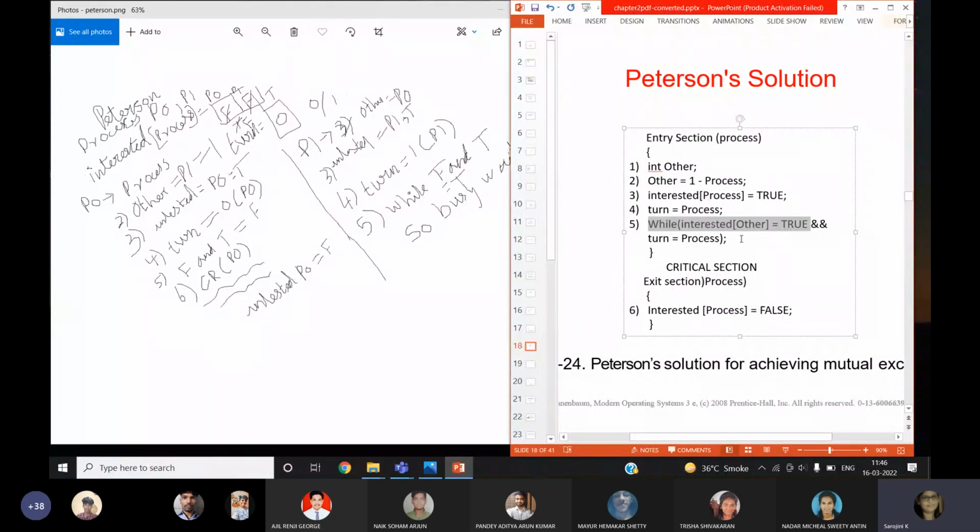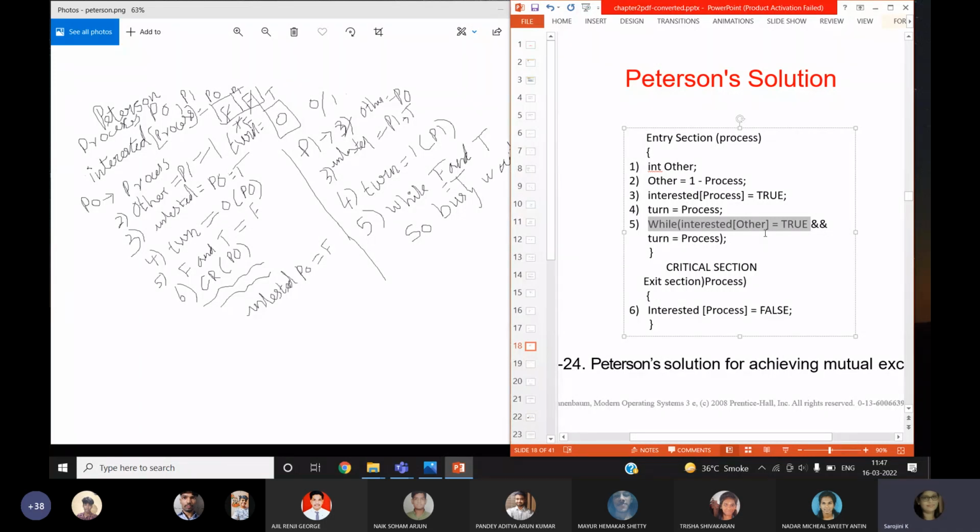It will come out of this line when the condition is false. How did it become false? Because interested of other equal to true, but actually interested of other is false. So this condition became false. And one more condition, turn equal to process, turn equal to 0, yes, so this condition is true.